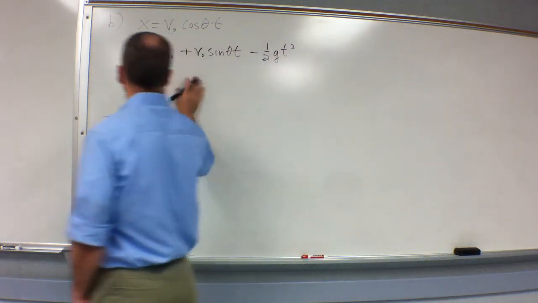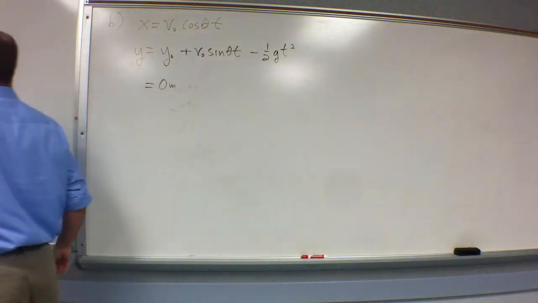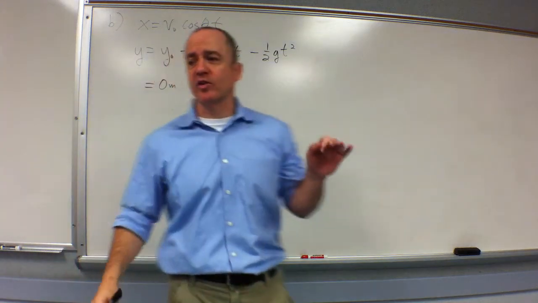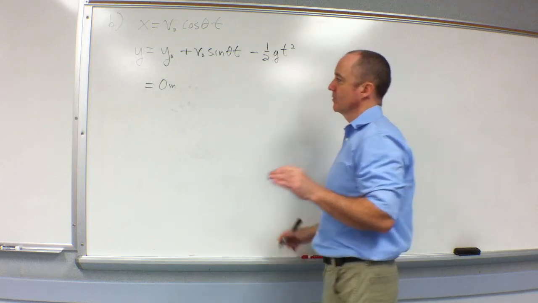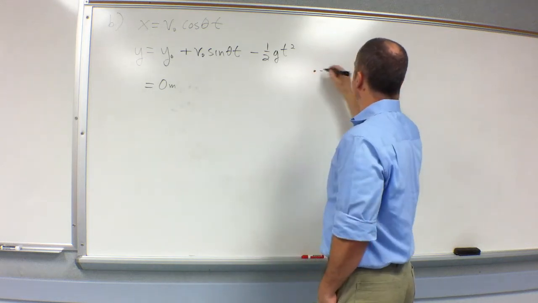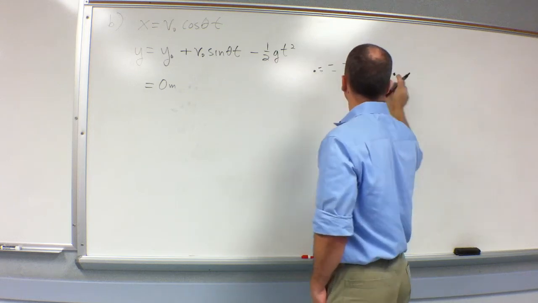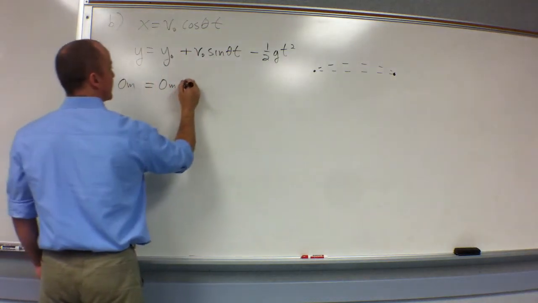We're going to assume we're still starting from a height of 0 meters. If we're calling our initial height 0 meters, what would we also like our final height to be in order to hit this target? We would like to be 0 again. Yep, we'd like it to be the exact same level. So if we call our starting height 0, we want to call our final height 0.